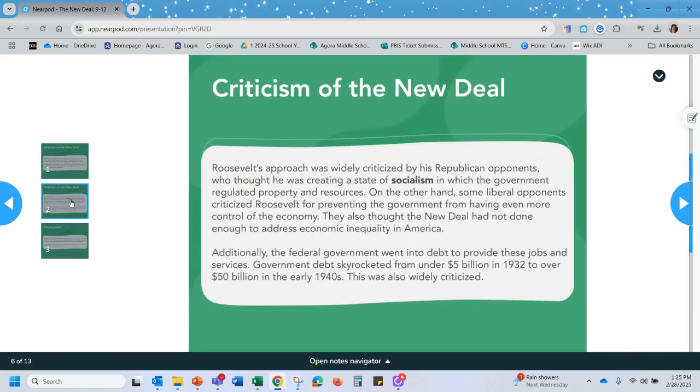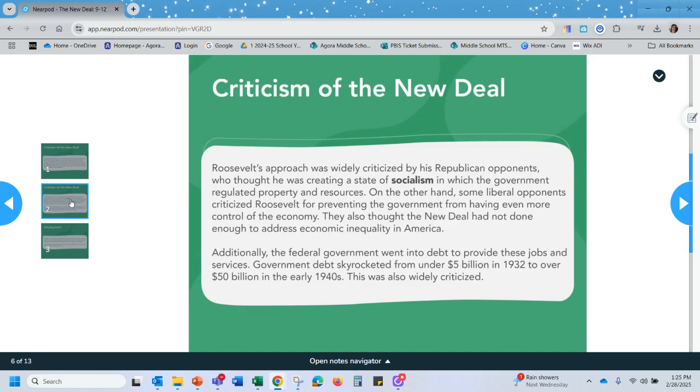Roosevelt's approach was widely criticized by his Republican opponents, who thought he was creating a state of socialism in which the government regulated property and resources. On the other hand, some liberal opponents criticized Roosevelt for preventing the government from having even more control of the economy.